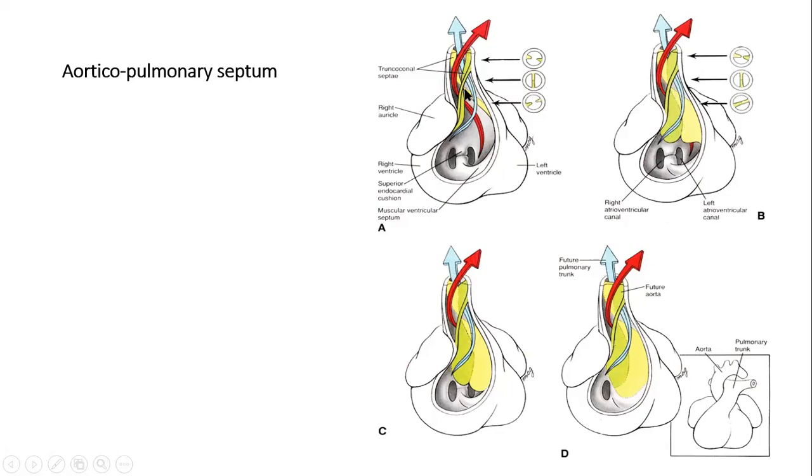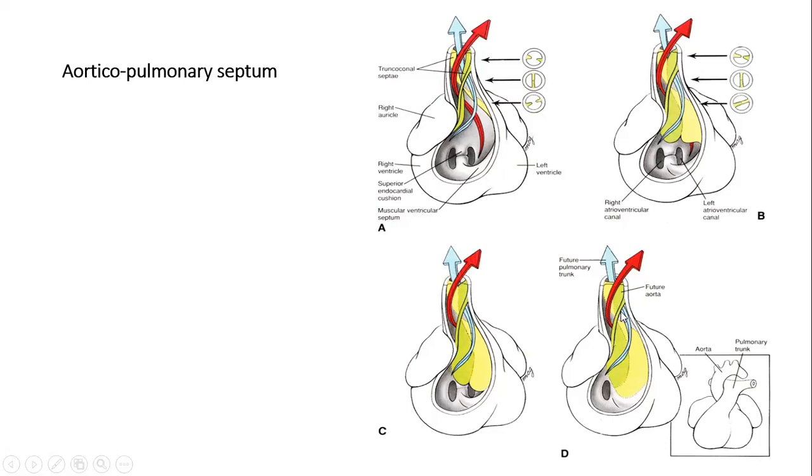Initially, as I said, there will be a single vessel. Then there is formation of a septum. You see here, there is twisting and turning and formation of a septum. They are getting separated, and this separation will separate it into the aorta and the pulmonary trunk. This septum will separate the vessel coming from the right ventricle, which forms the pulmonary trunk, and from the left ventricle, which forms the aorta.